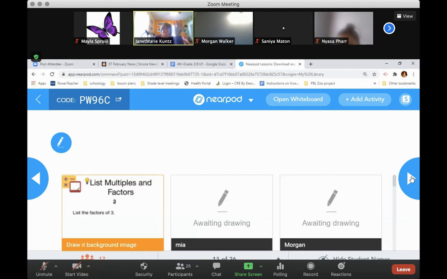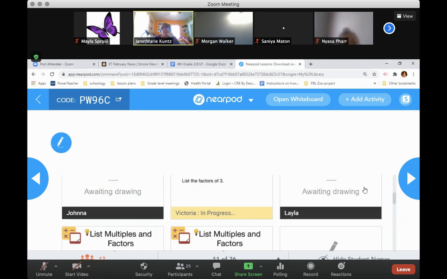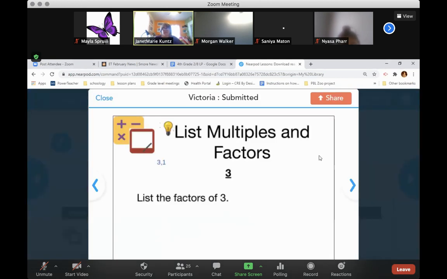That's easy. 3 is a prime number, so you should be able to list the factors of 3 quite quickly. Here we go. 1 and 3. Very nicely done, Victoria.